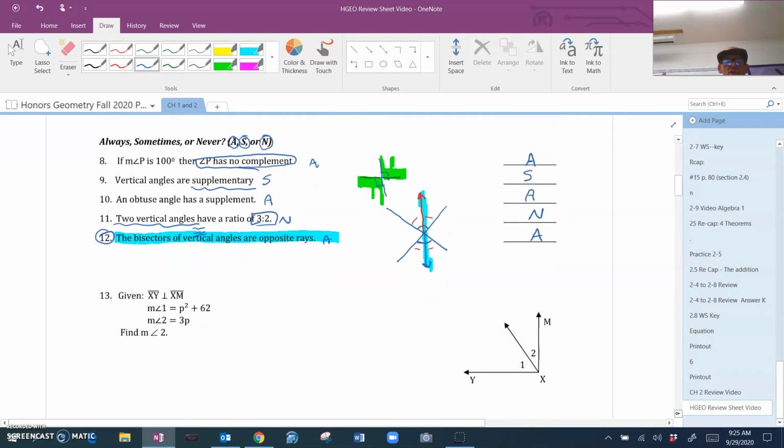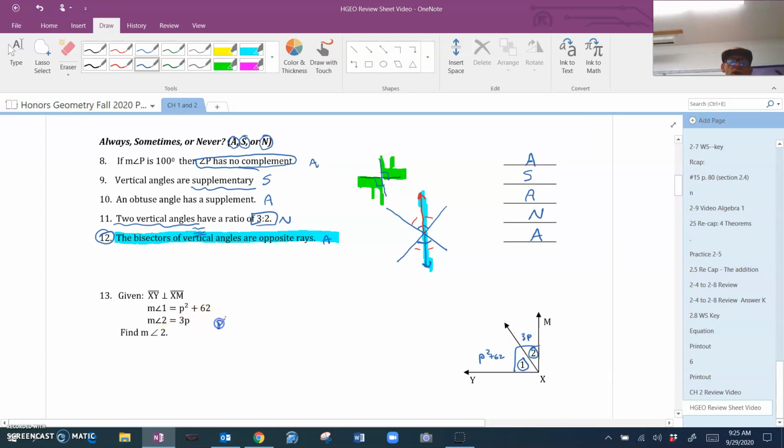All right, so this one says this is a right angle. They're perpendicular. So this plus this equals 90. And angle 1 is p squared plus 62, and angle 2 is 3p.